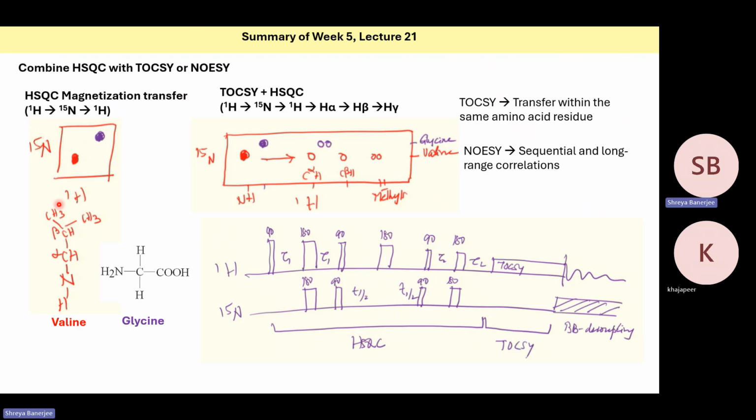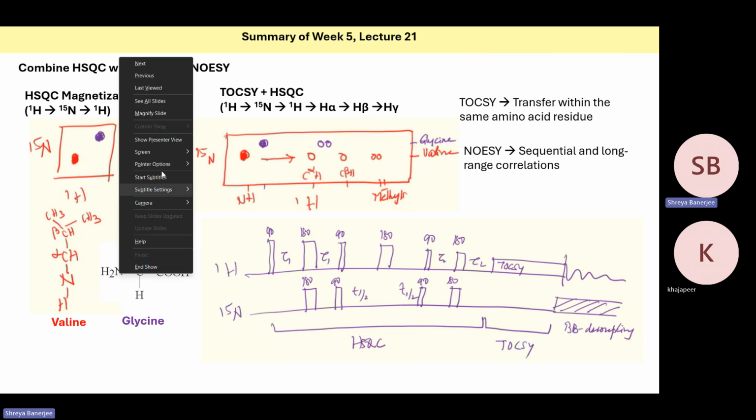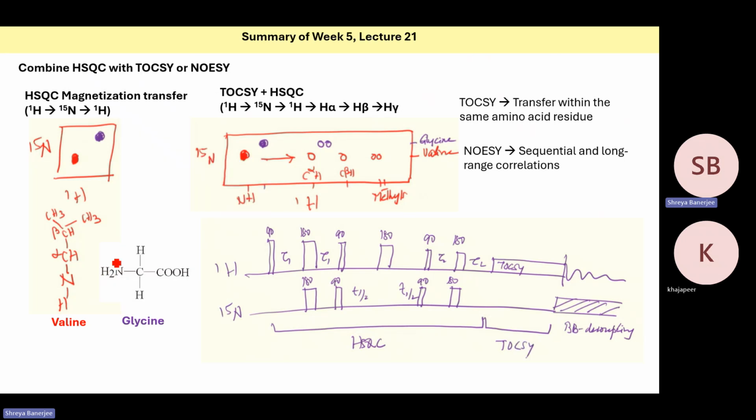So suppose you have two amino acids, valine is shown here and glycine is shown here. Glycine here, NH2 is shown, but when it is in an amide bond, it will be NH and then CO. So there will be just one NH and so on.